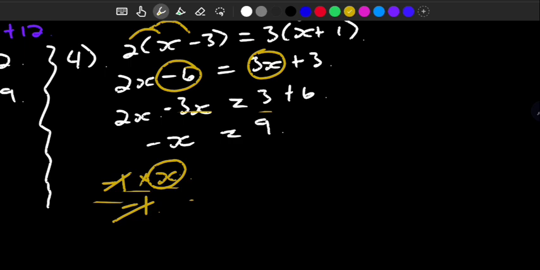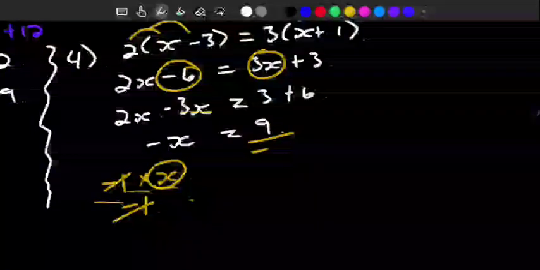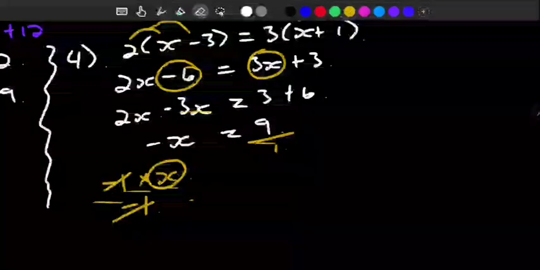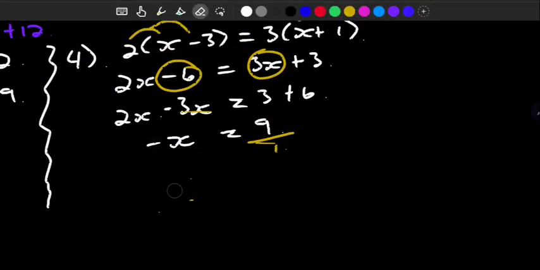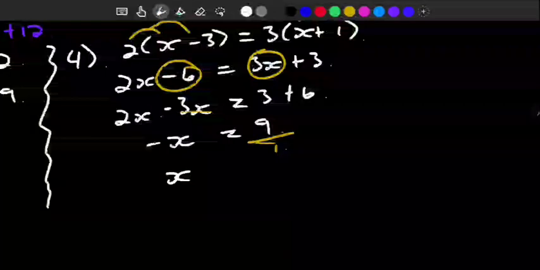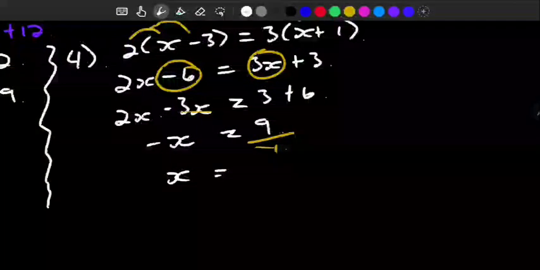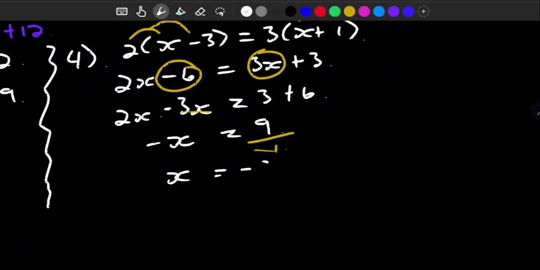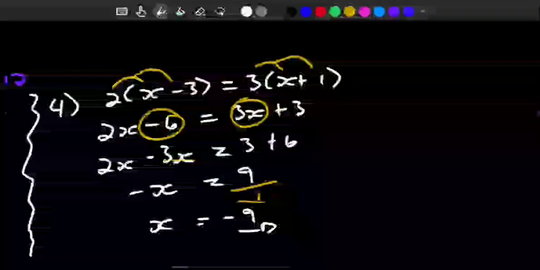You're going to divide by negative 1, right? Then you finally get x by themselves. It's x equals 9 divided by negative 1 gives you negative 9. And that's your answer, right?